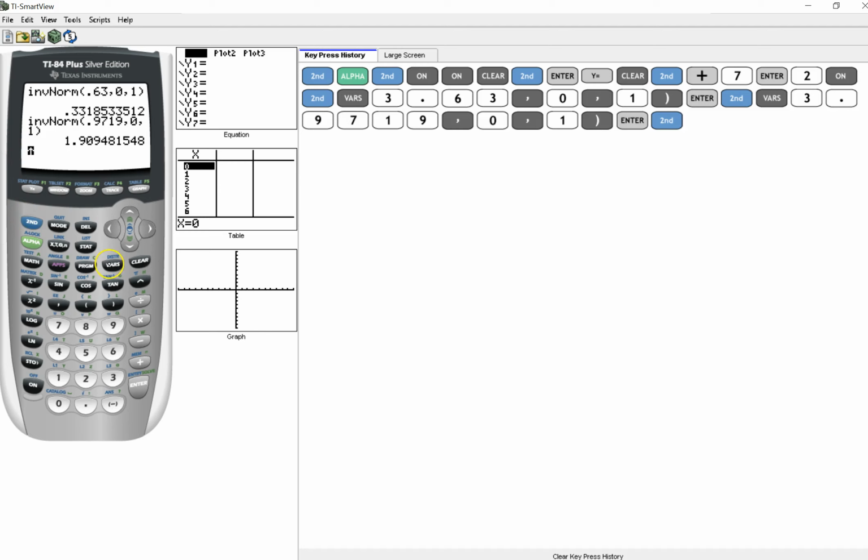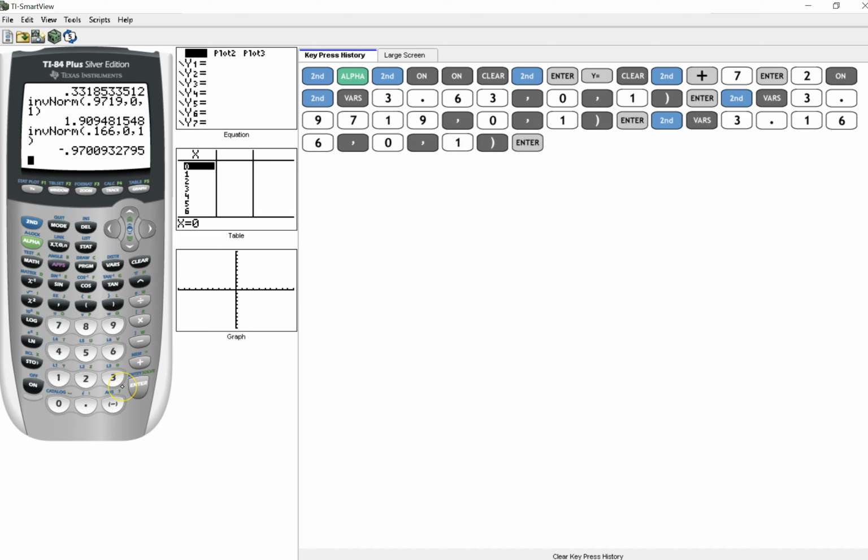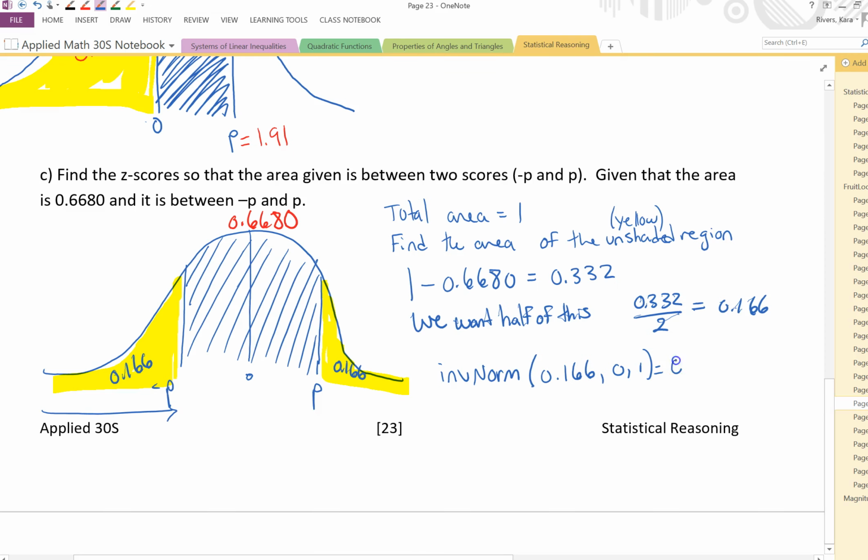So inverse norm would be 0.166, comma 0, comma 1. Enter, and we can see it's negative 0.970. So negative 0.970.